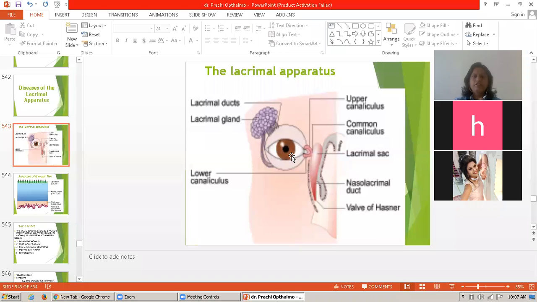This is an eyeball, and this one is an upper canaliculus, and this is a lower canaliculus, which meet each other and form a common canaliculus, which opens into the lacrimal sac. So this one is a lacrimal sac, which continues as a nasolacrimal duct and opens in the wall of the nose. So this is all about the structure of the lacrimal apparatus.